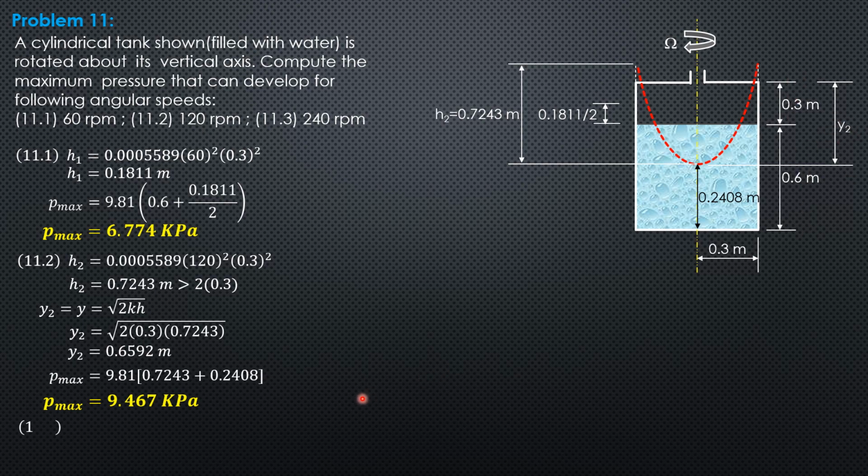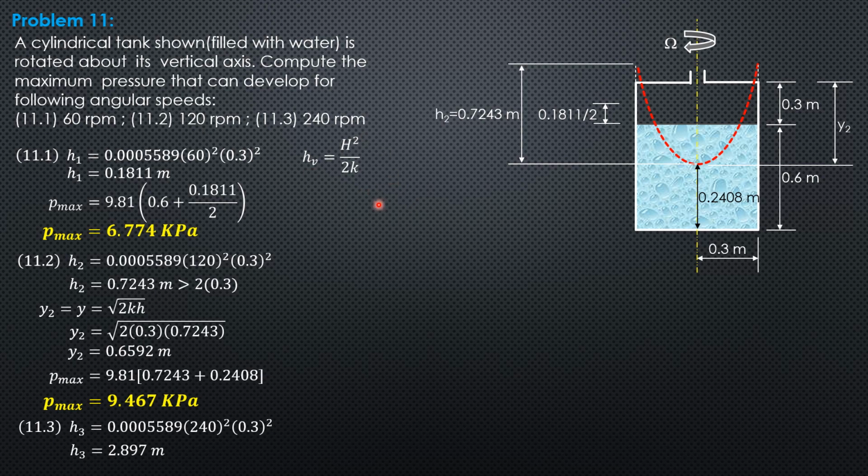Then for the third case, H3 is equal to 0.0005589 times 240 square times 0.3 square, and that is equal to 2.897. Then let's compare this value to HV, the height of the parabolic surface that will form such that its vortex will exactly form on the bottom center, which is given by capital H square over 2K, which I also derived in my lecture video on rotated vessels.